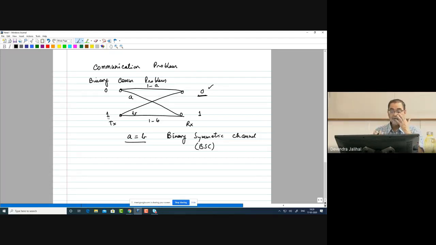So we have the basic probabilities of transmitting 0 and 1. Let's call them P and 1 minus P, where P is the probability that 0 is transmitted, and obviously 1 minus P is the probability that 1 is transmitted.